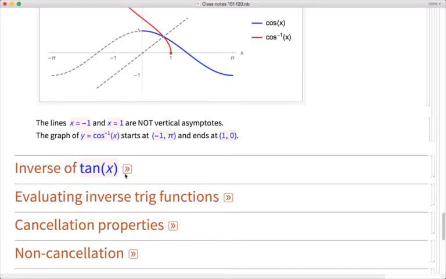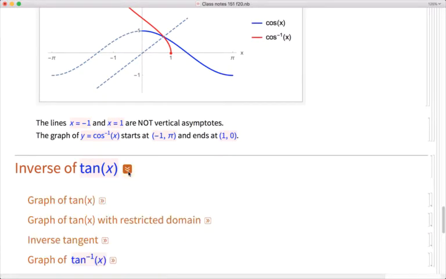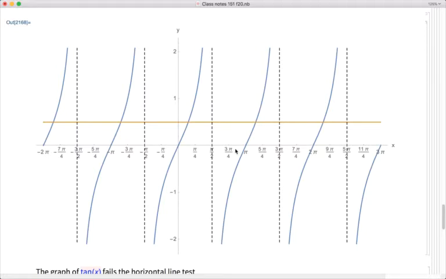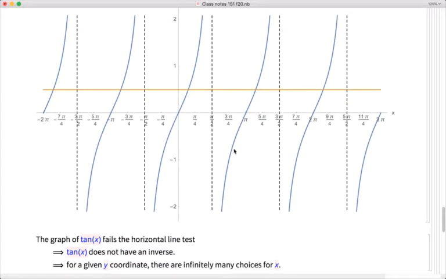Okay, one more to go of the starters here. We'll look at tangent, and actually I have slightly different graphics here. So remember the tangent function repeats every pi. It has period pi. It has these vertical asymptotes at every odd multiple of pi over 2. But the yellow line, once again, is telling us this tangent does not have an inverse because the horizontal line is intersecting in more than one spot.